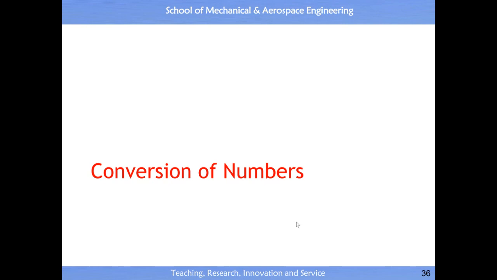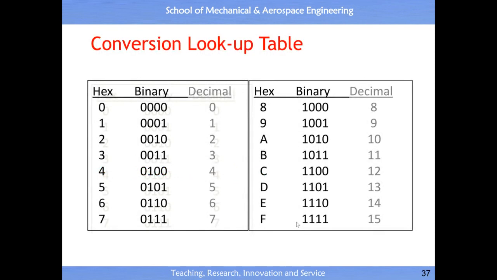Now we look at the conversion. For example, if one engineer use one number, another engineer use another number format, then we need to know how to do the conversion. Okay. For example, if we have a decimal value, then how to convert it into binary number or convert it into hexadecimal number.